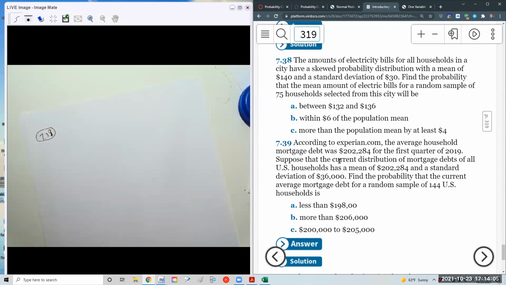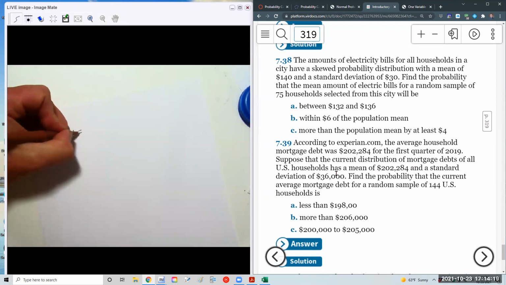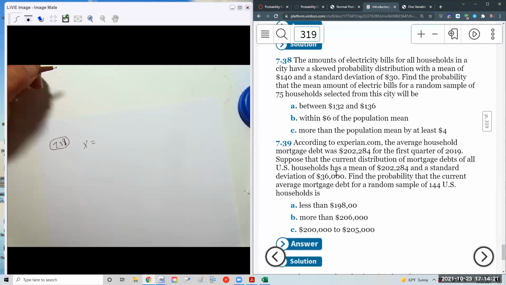So that was an average. Suppose that the current distribution of mortgage debts of all U.S. households has a mean of this and a standard deviation of that. All right, so here X is going to represent the random variable, which is the household mortgage debt.